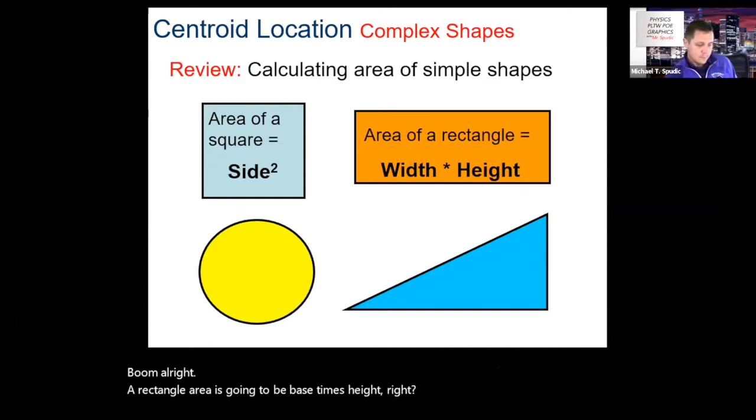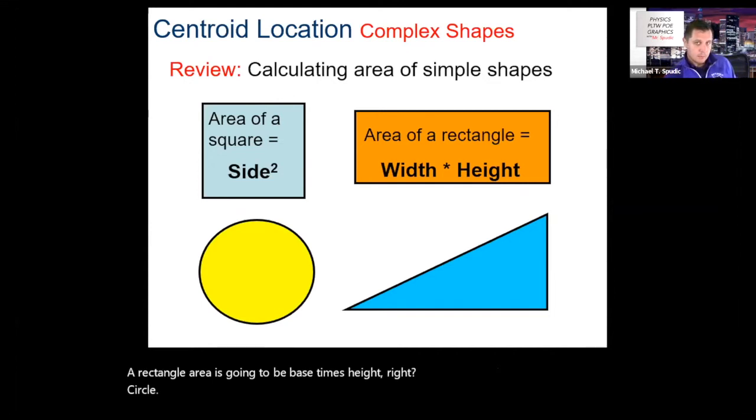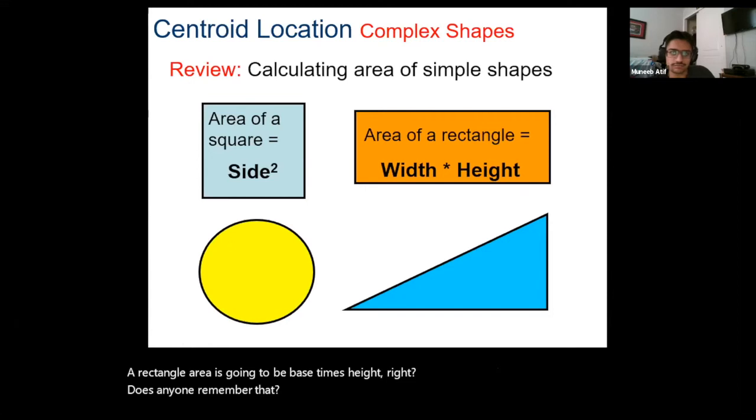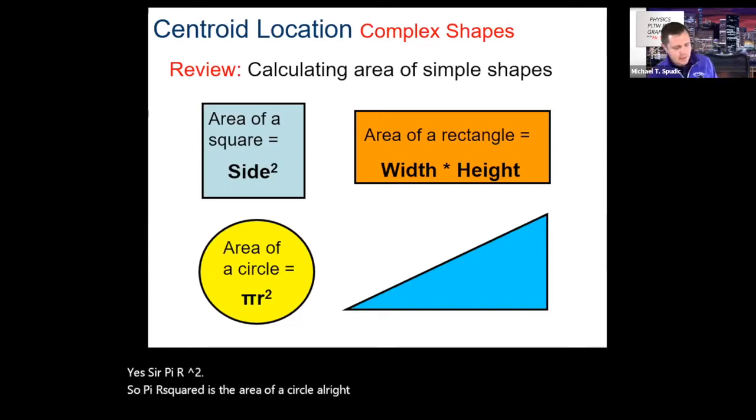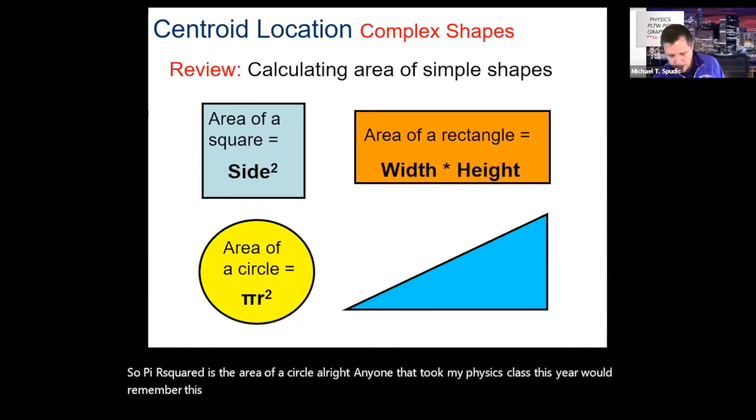Circle. Does anyone remember that? Pi radius squared. Yes, sir. Pi r squared is the area of a circle. Anyone that took my physics class this year would remember this. The area of a triangle is going to be what?